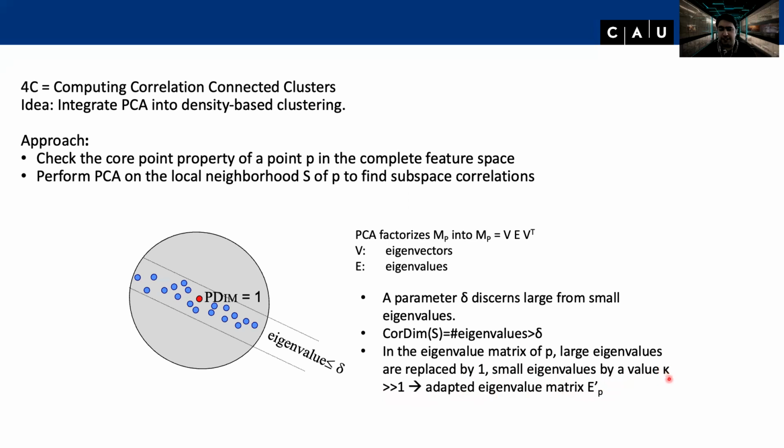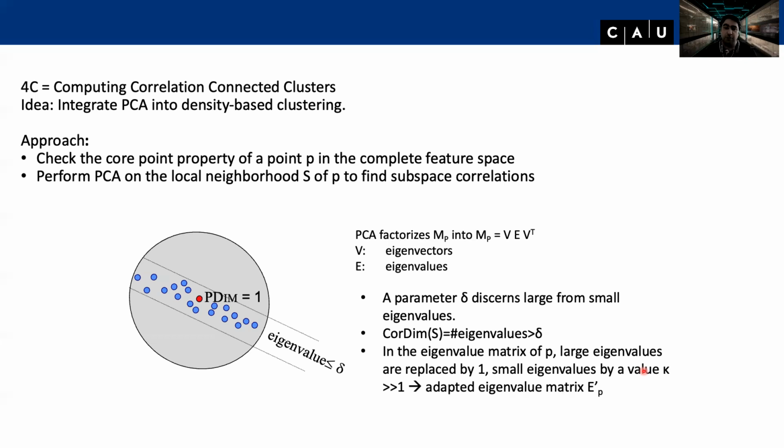Well, by setting a high kappa value, we penalize, or give higher weight to, deviations from that correlation subspace. And this also has an impact on the epsilon range, the neighborhood in which we are looking for densely connected areas.